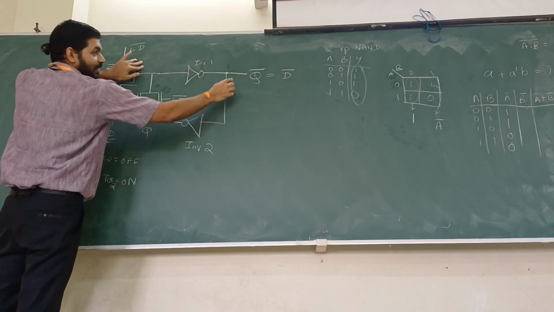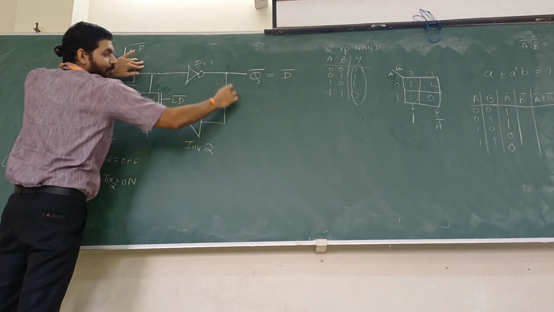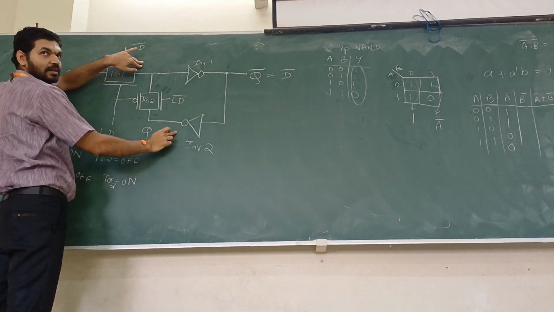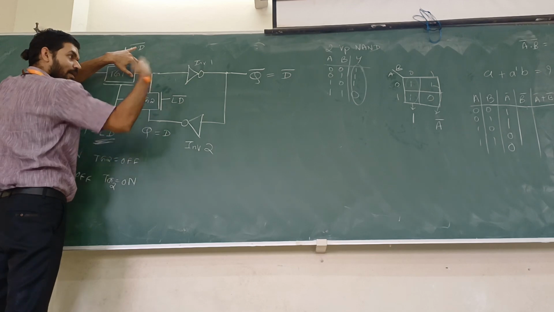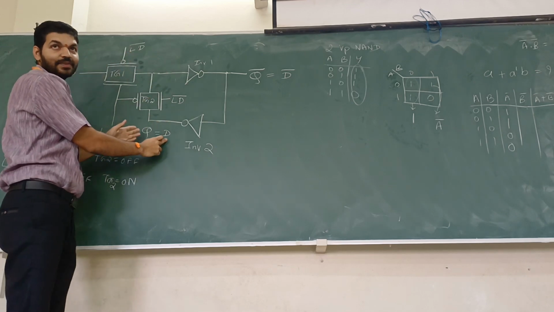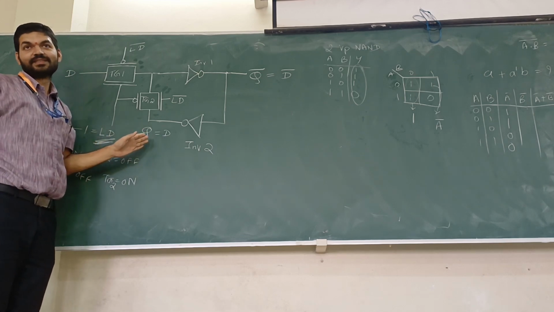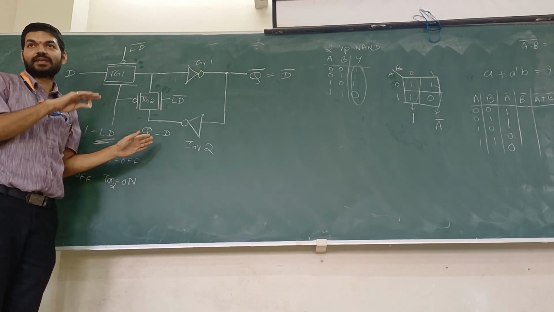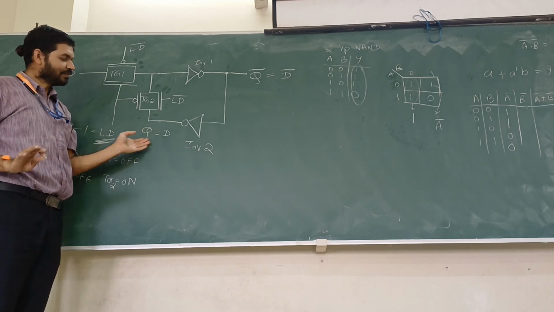So next, this signal D bar will pass through one more inverter. So what will it become? It will become D double bar, that is D. So Q equals D. This itself is your D flip flop. It is data flip flop. Whatever data you give, Q will store the same data. That itself is D flip flop.